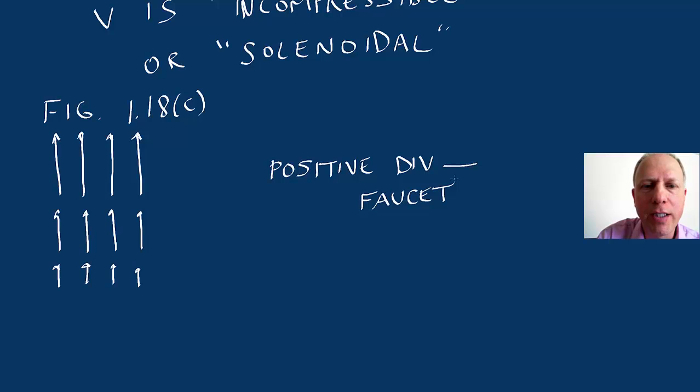So in figure 1.18c shown here, if this were a flow pattern of water, which is incompressible, there would be no way for this flow to happen unless somehow additional water was popping out of nowhere all along the space to allow the velocity to increase without the space between the molecules increasing.